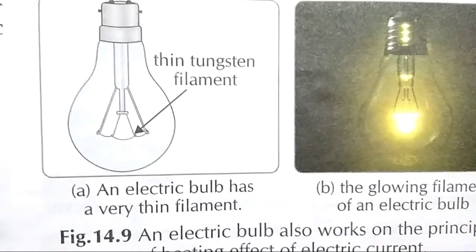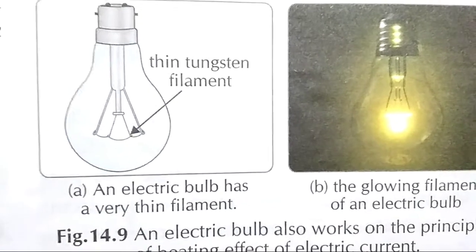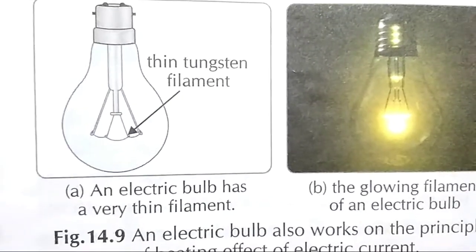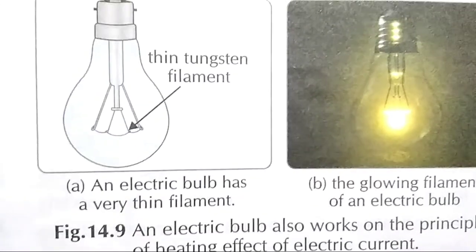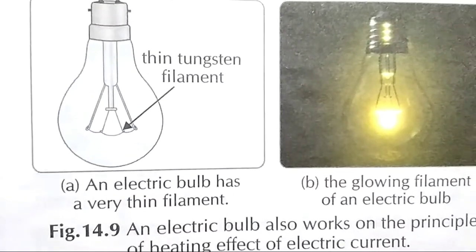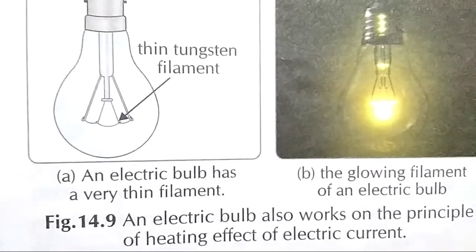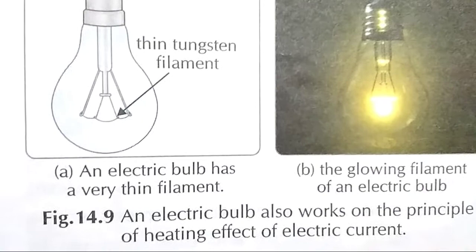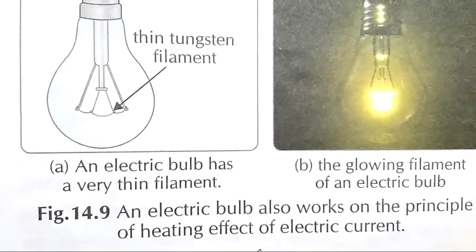Here is another example that works on the heating effect of electric current. Here you can see the diagram of an electric bulb. It also works on the heating effect of electric current. An electric bulb is used for producing light, and here you can see the filament.